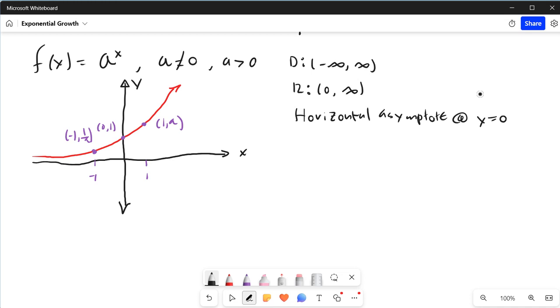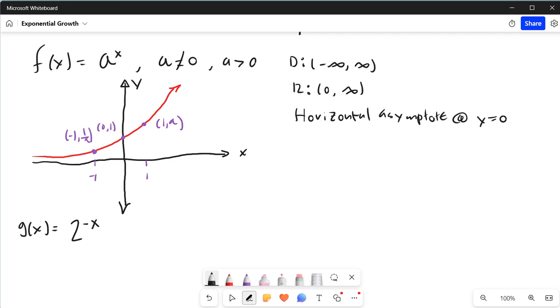Now, let's say that we change our graph just slightly, where we say, well, what if we had this function g of x, and g of x is 2 to the negative x?